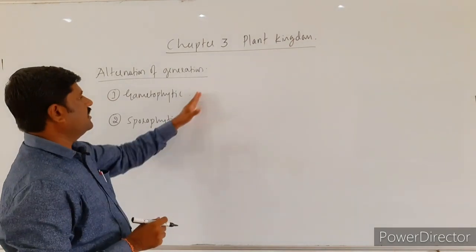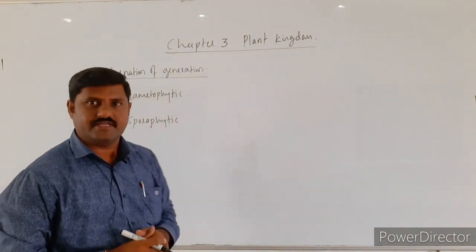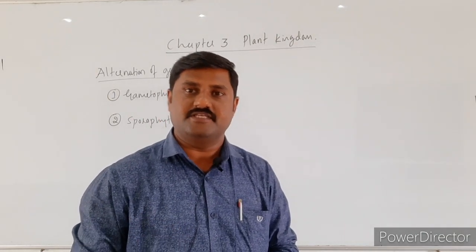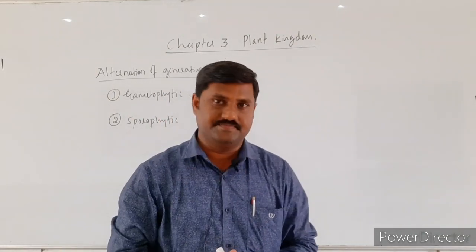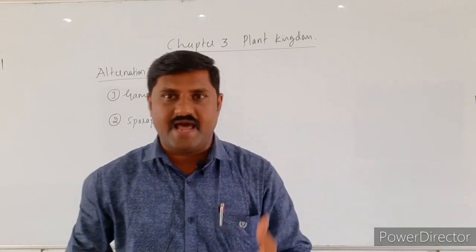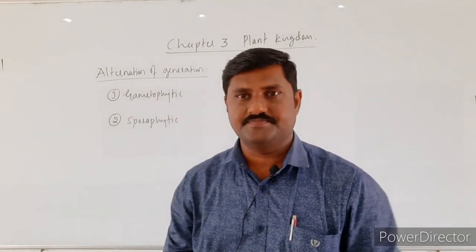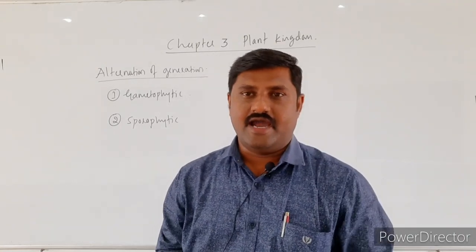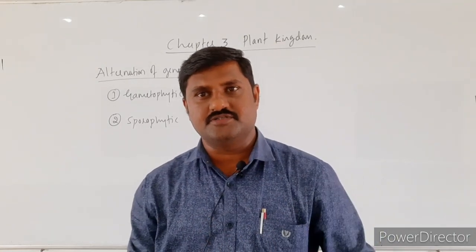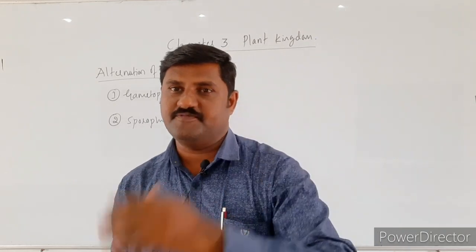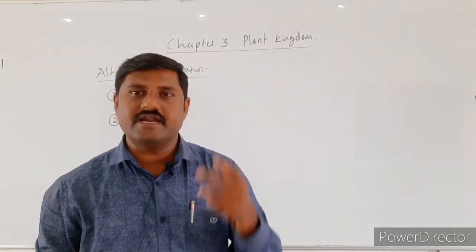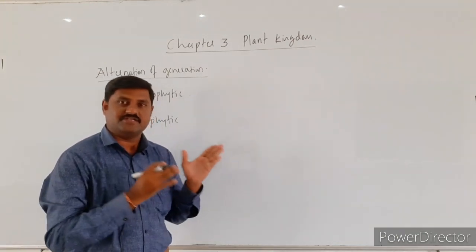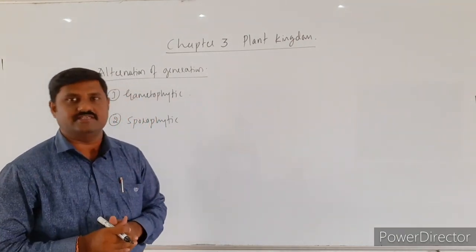These occur alternately in the life cycle of these organisms. Once the plant body is a gametophytic plant, and later it produces a sporophytic plant, and later the sporophytic plant grows into a gametophytic plant. Like this, both generations occur alternately. That kind of alternation of generation is seen in these plants.